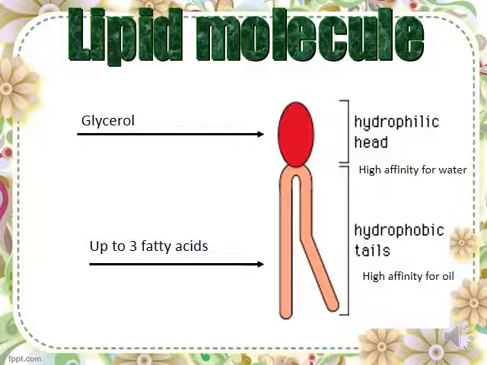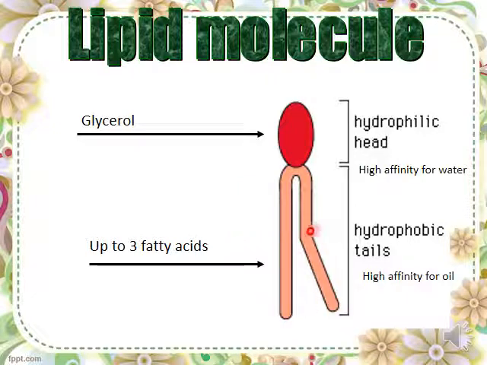This is the general lipid molecule structure. It consists of a head part, glycerol, which is hydrophilic in character, and then the tail part, which is hydrophobic in character. This tail part can go up to 3 fatty acids.